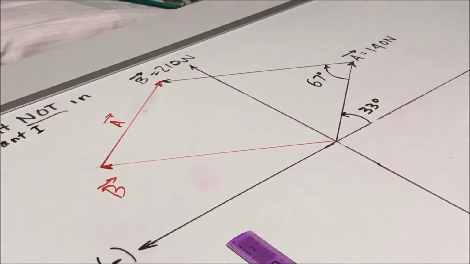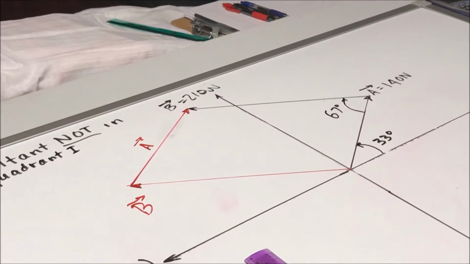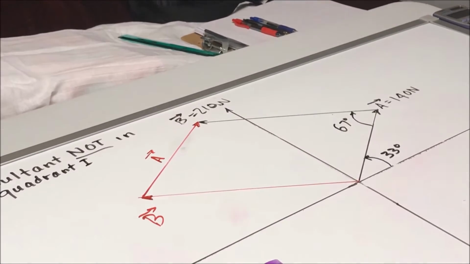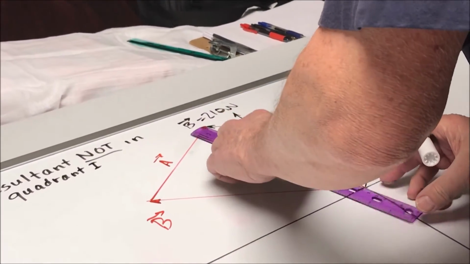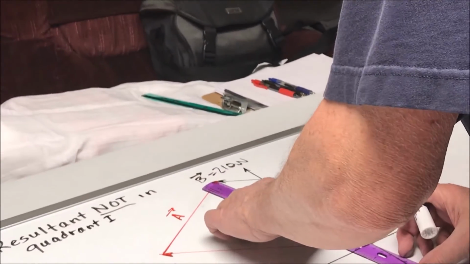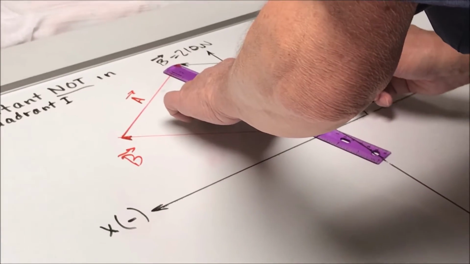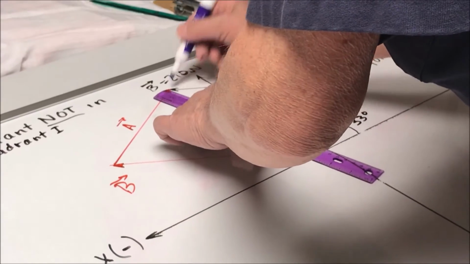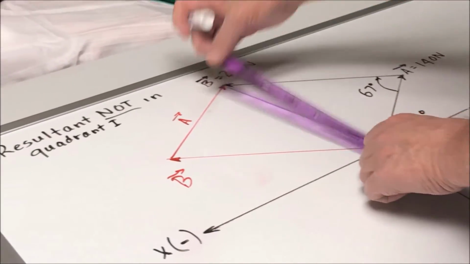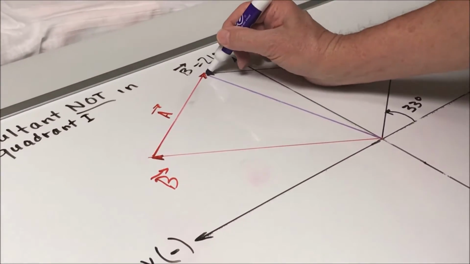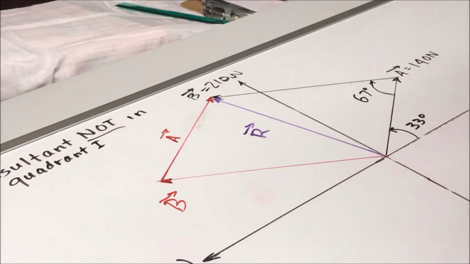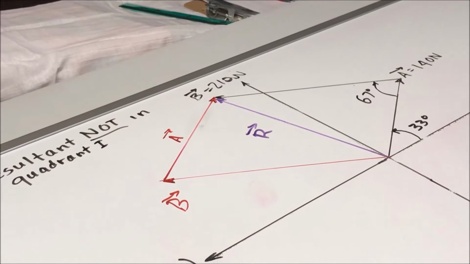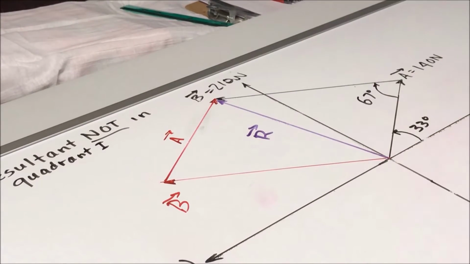So I'm going to trace out our resultant vector here, and it's going to look kind of like this. That's our resultant vector. And we can see already that it's going to end up in quadrant 2.